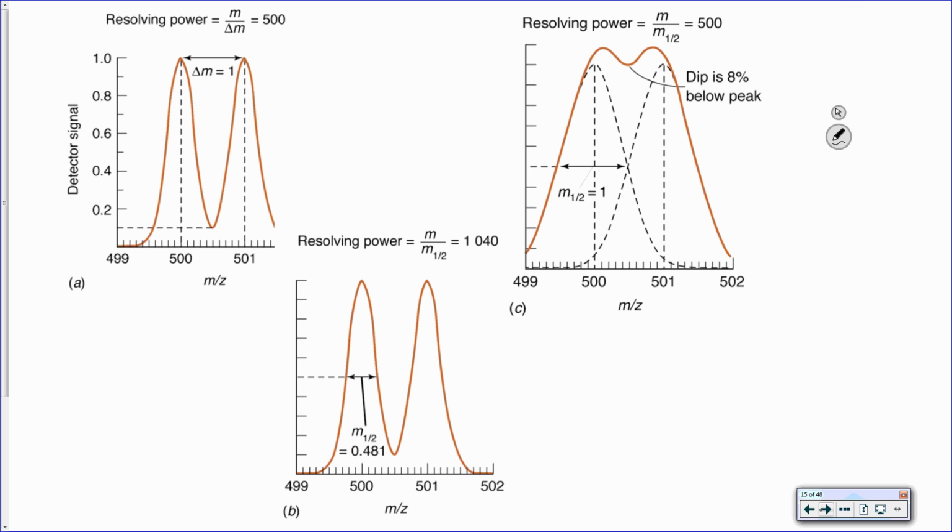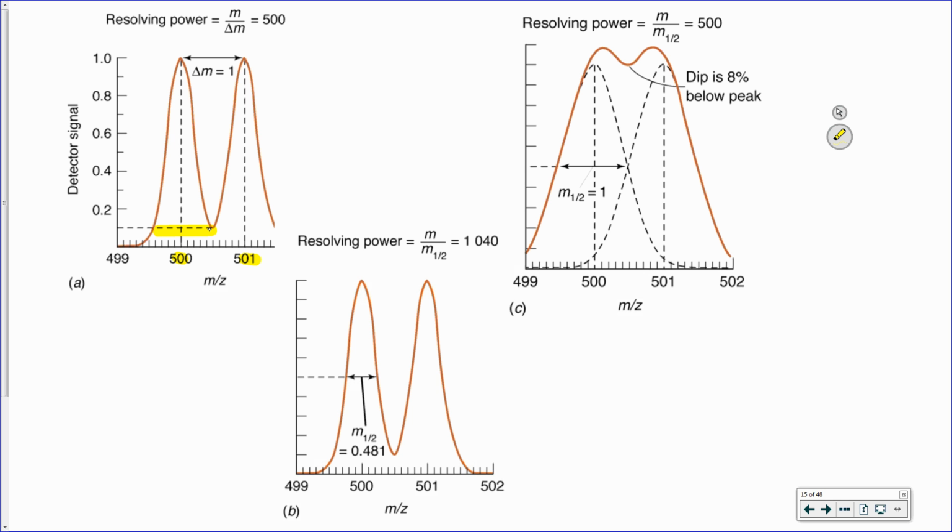All right, here's the idea of resolution. If we look at ways that we would define resolution, delta M divided into M. Here you've got a peak at 500 and 501. This person's definition of resolution is at 10% height.